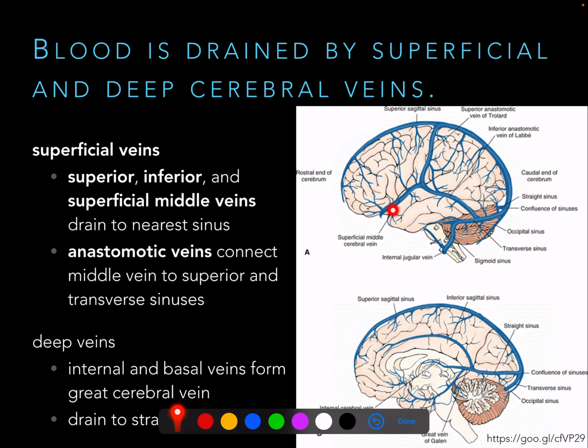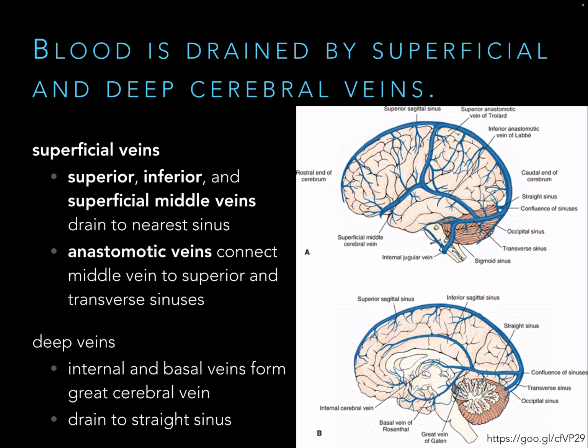That allows this middle vein to hook up with the low resistance drainage of either the superior sagittal sinus or the transverse sinus. Now we also have deep veins to serve the internal structures, and these simply drain into the straight sinus. That's shown in portion B there.